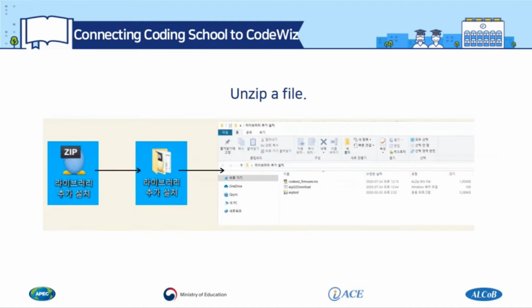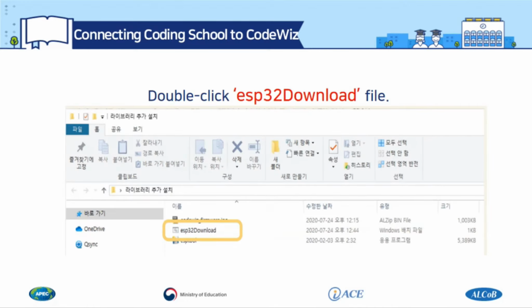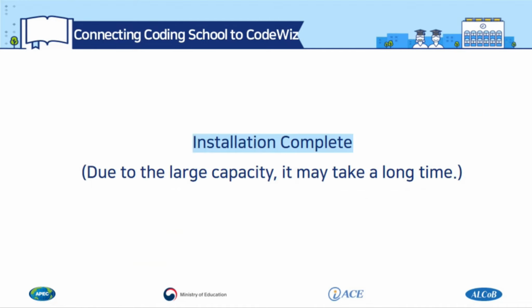As the first step in installing the codewiz library, please unzip a file. Next, double-click ESP32 download file. Installation complete. Due to the large capacity, it may take a long time.